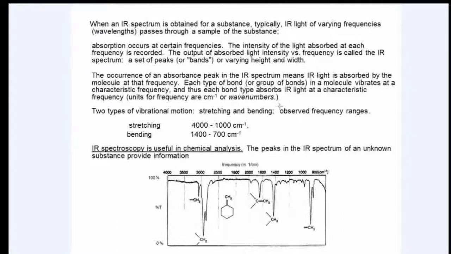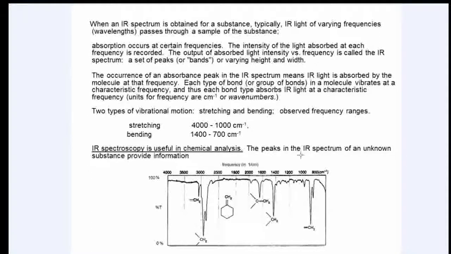Specifically, it is the reciprocal of a centimeter, centimeters to the -1. Soon we'll show you that this wave number unit is indeed proportional to frequency in hertz. But this is the typical unit that's used in IR spectra. We use the quantity wave numbers, not the quantity hertz.